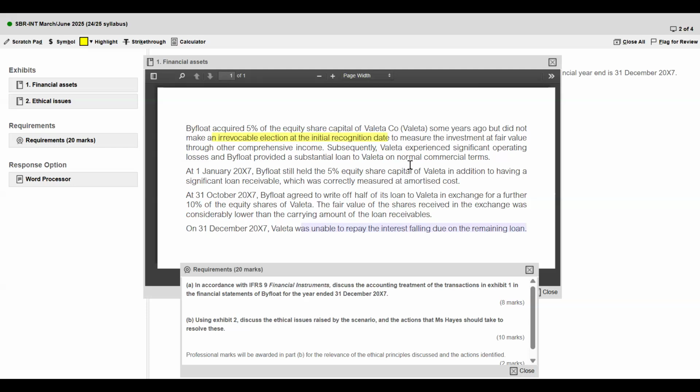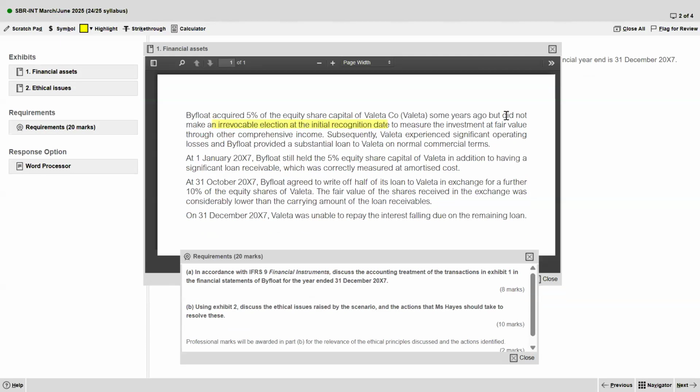Now see, what happens is that they did not make an irrevocable election. They acquired the investment some years ago, and did not elect to measure it at fair value through other comprehensive income. Subsequently, they experienced significant difficulties, and so on. So now see, what do we need to do?